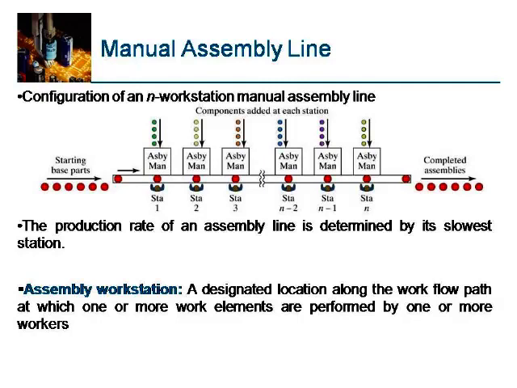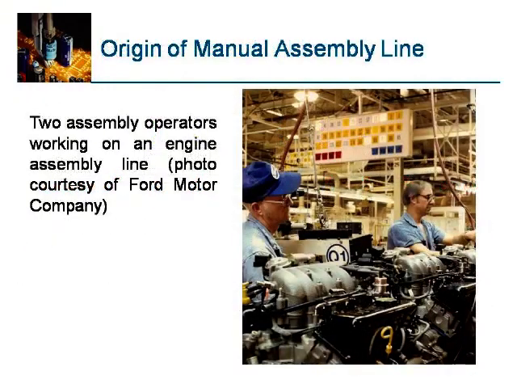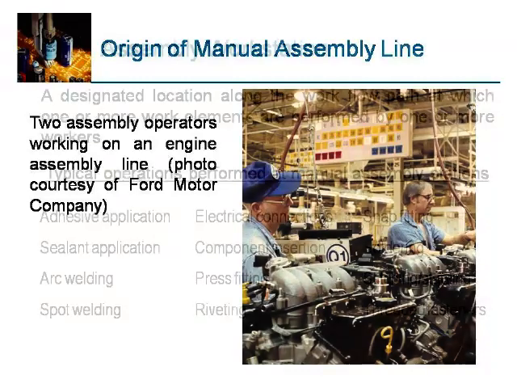An assembly workstation is nothing but a designated location along the workflow path at which one or more work elements are performed by one or more workers. You see here in the typical manual assembly line, two assembly operators working on an engine assembly line. This is a Ford Motor Company, where assembly of a Ford motor is done.